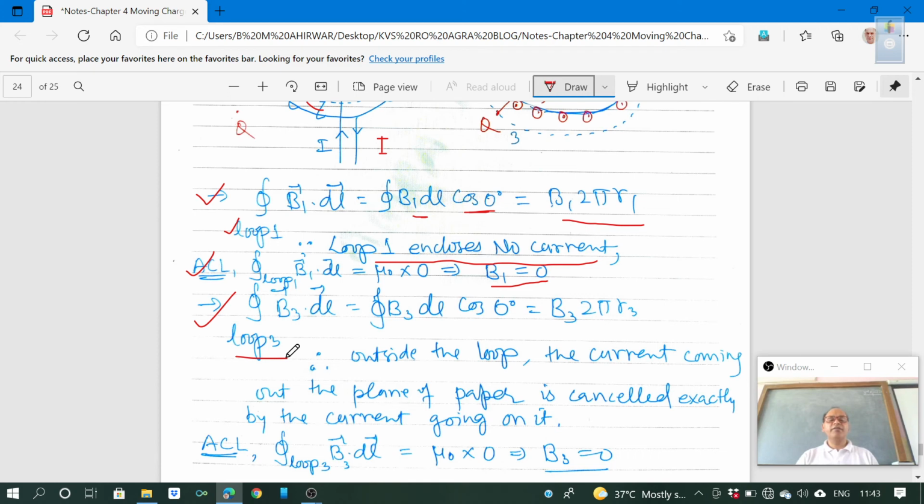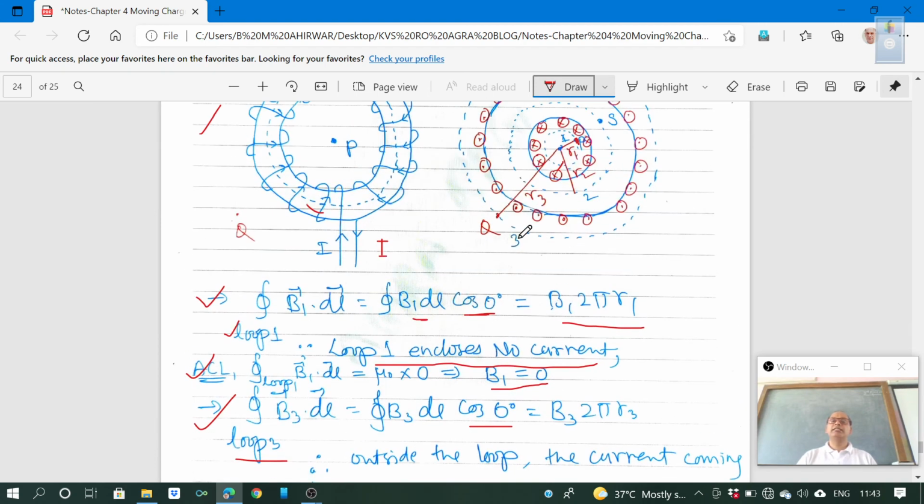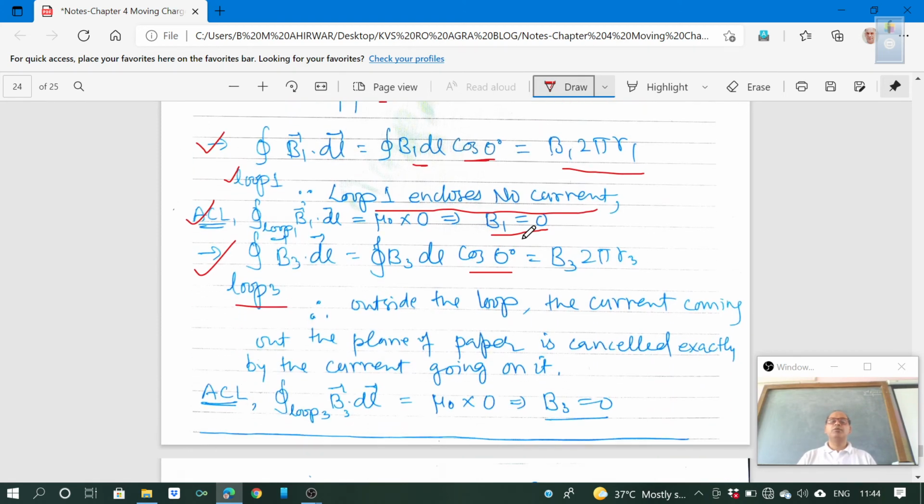So suppose we find the total magnetic field for loop 3. It is again cos 0, because the direction is tangential at point Q. If we consider a small element dl, the direction of the magnetic field is tangential, which is parallel to dl, so in this case the angle is 0 and the magnetic field is B3 2 pi R3.